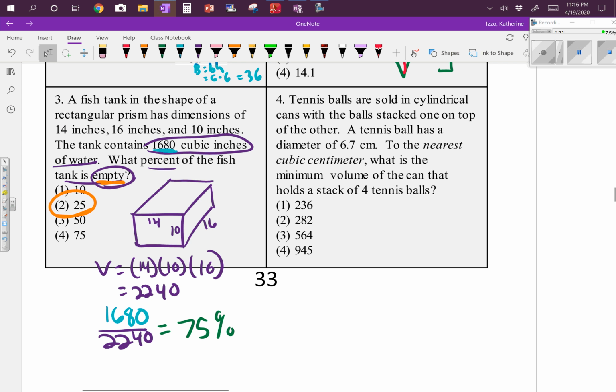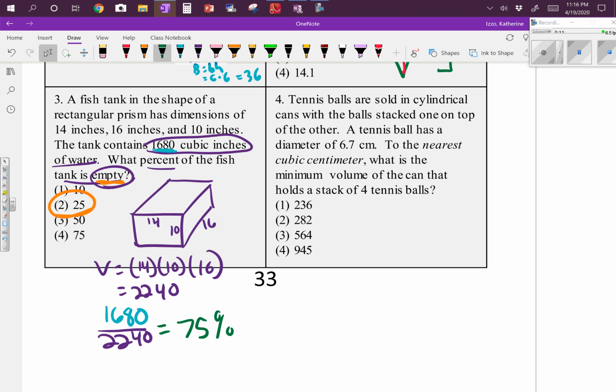Next one, tennis balls are sold in cylindrical cans. So we've got a nice cylindrical can right here with balls stacked one on top of the other. So we've got a stack of 4 tennis balls. 1, 2, 3, 4 tennis balls. Tennis ball has a diameter of 6.7.